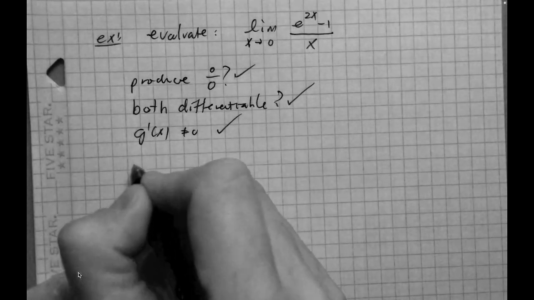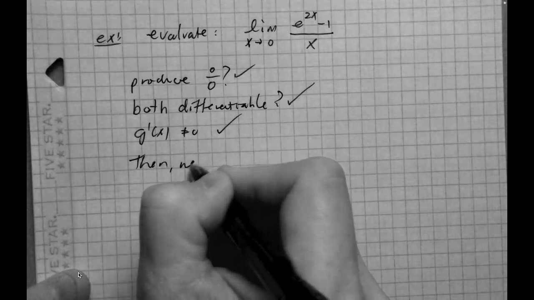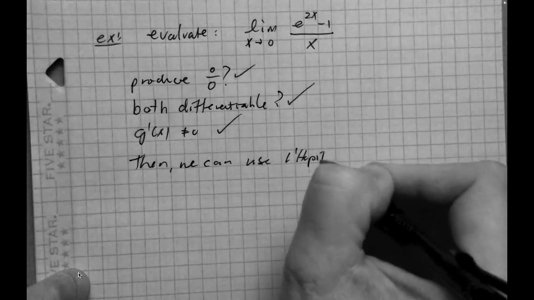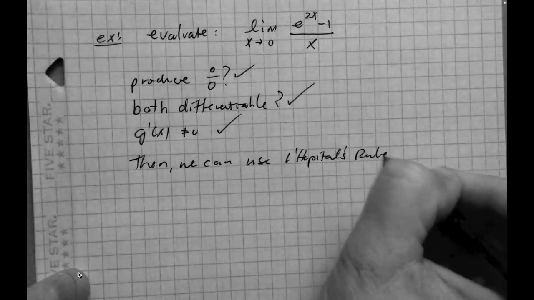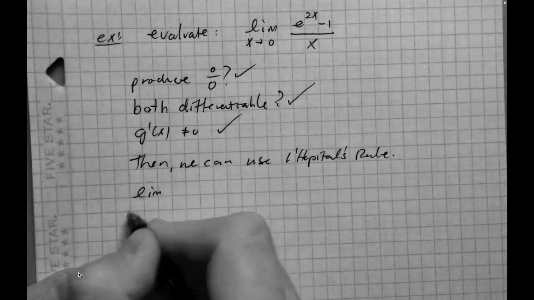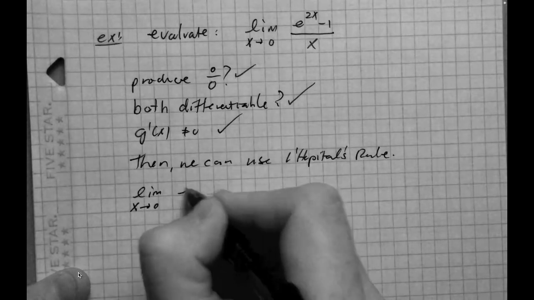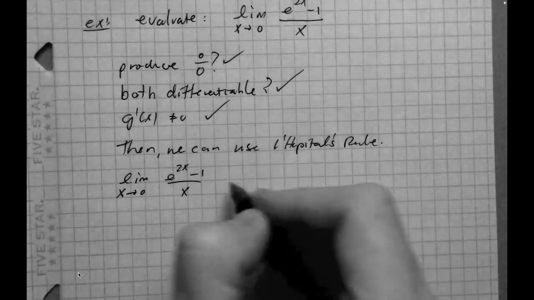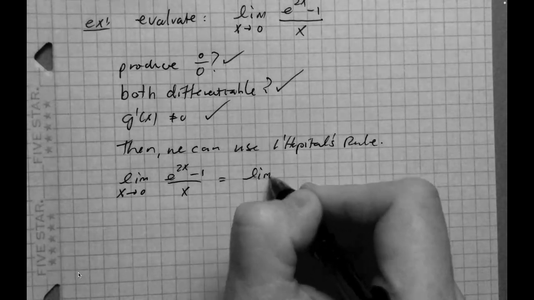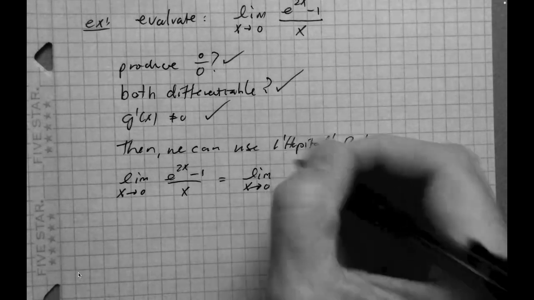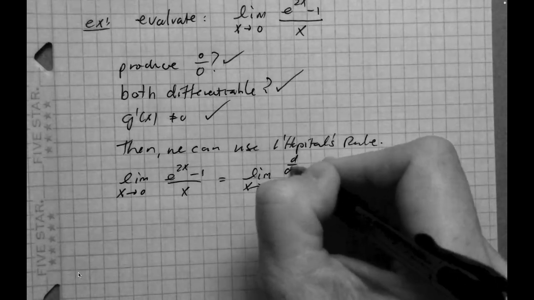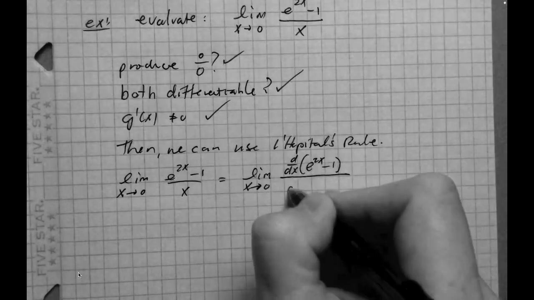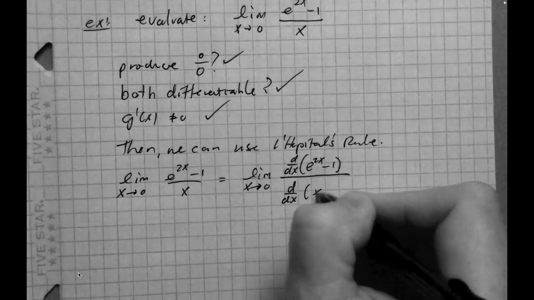And so that means basically that the limit as x approaches 0 of e to the 2x minus 1 over x is going to be equal to the limit as x approaches 0 of d/dx of e to the 2x minus 1 divided by d/dx of x, right?